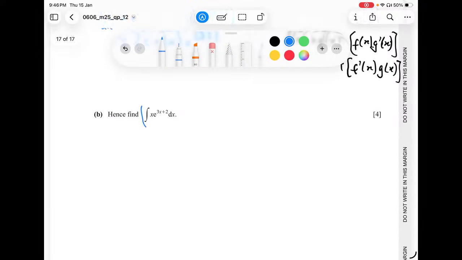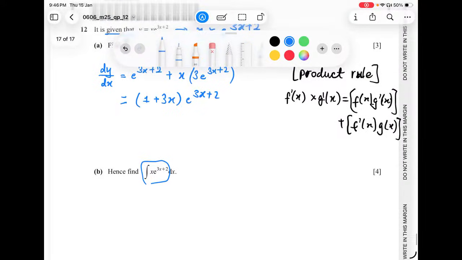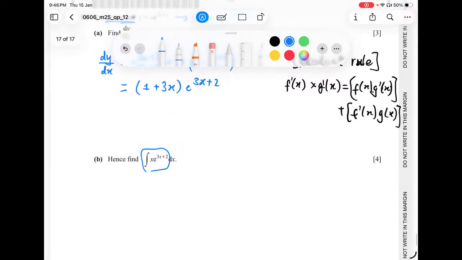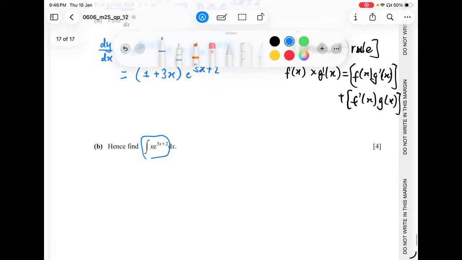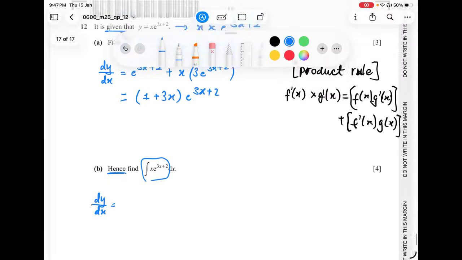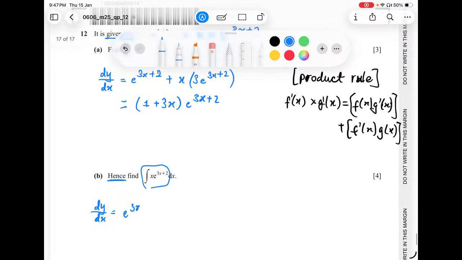Hence find the integral of x e to the 3x plus 2. Okay, so for this hence question, you need to use the differentiation to find it. So dy over dx, what we found before, is e to the 3x plus 2 plus 3x e to the 3x plus 2.